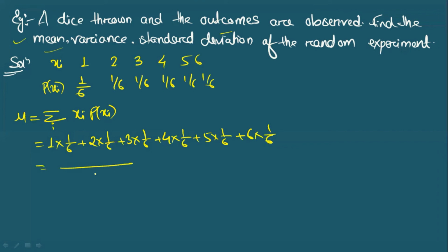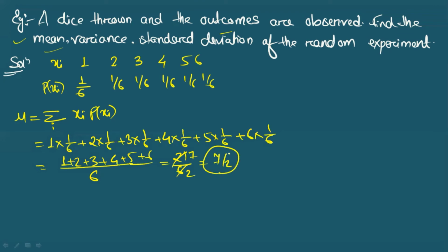So I'm just taking the LCM 6, and here you will have 1 plus 2 plus 3 plus 4 plus 5 plus 6. When you do the sum, you will get 21 by 6. Cancelling, 3 sevens are 21, 3 twos are 6, so it is 7 by 2. So this is the value of the mean, which can be written as 3.5. Clear? So this is how you can calculate the mean. Now let's come to variance.